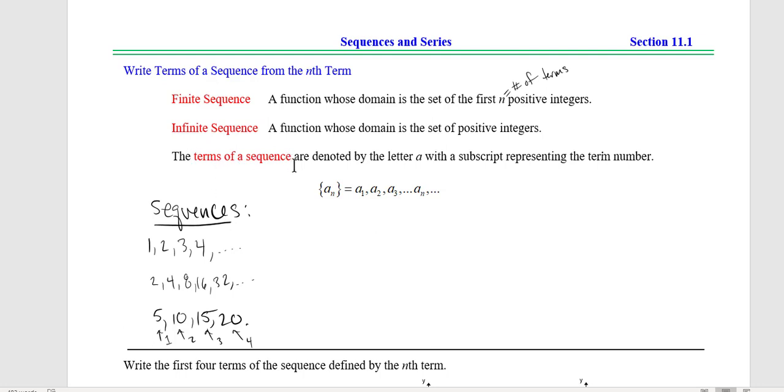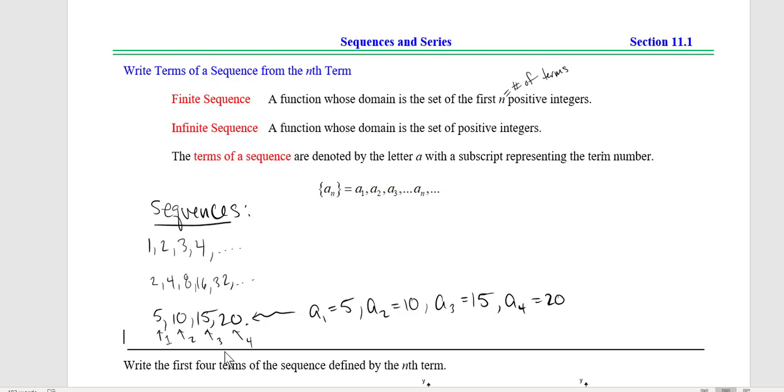The terms of a sequence are denoted by a letter A with a subscript representing the number in line. So for example, in this sequence I've written out here, we would say A1 equals 5, A2 equals 10, A3 equals 15, A4 equals 20.